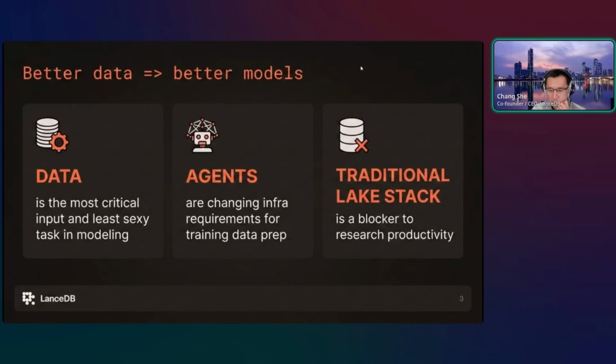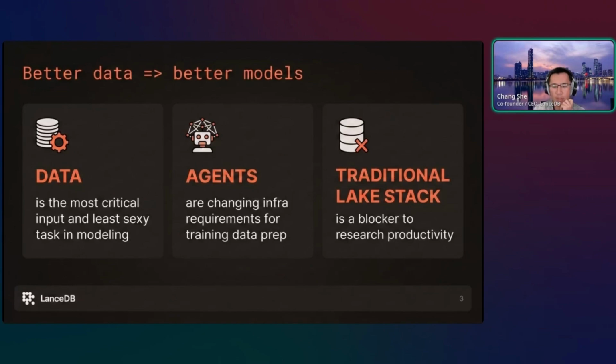So at a very high level, there are three really big things that matter for managing this kind of data. Number one, for building models, if you're building LLMs or multimodal models, data is probably the most critical input, and processing and managing that data is the least sexy task in modeling.